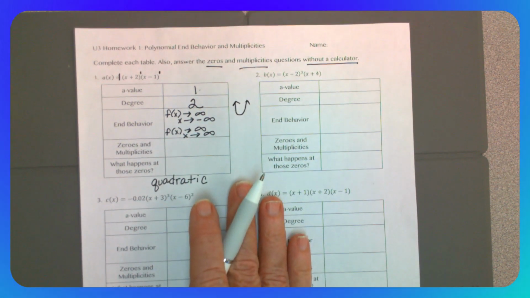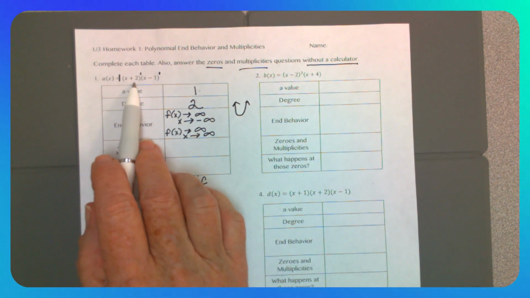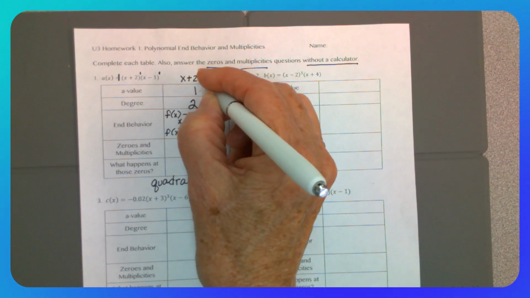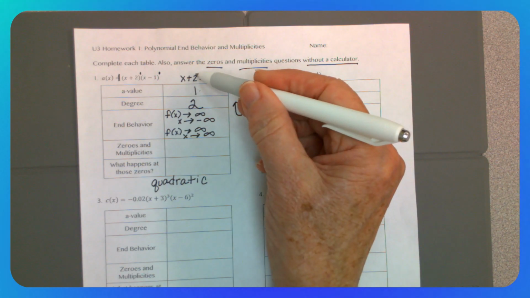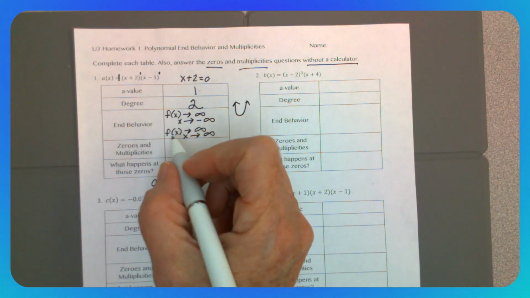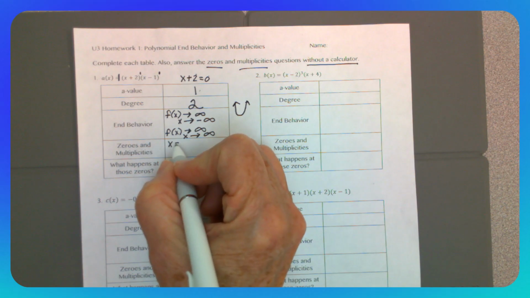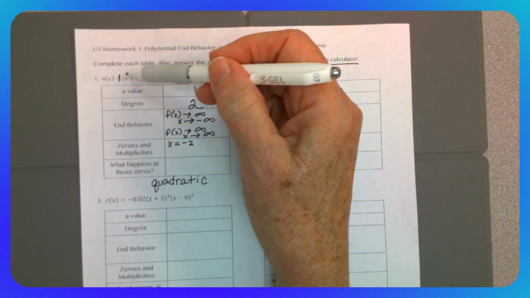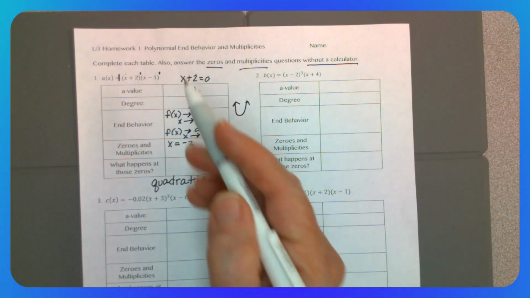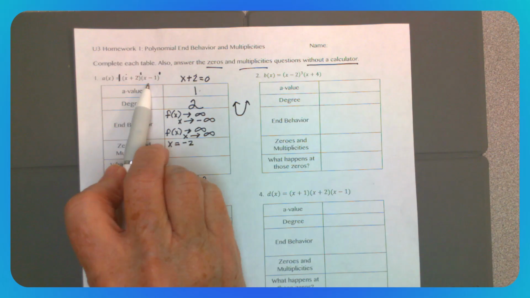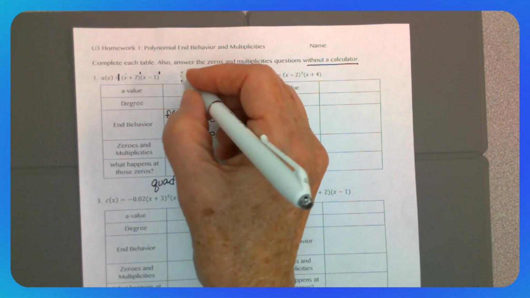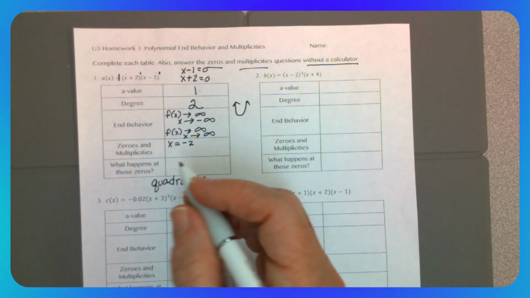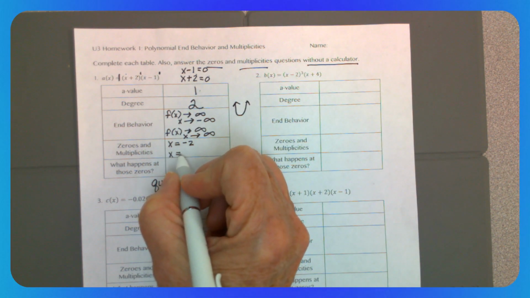All right, our zeros, without graphing, are going to be here. We set x plus 2 equal to 0. And when we solve for x, you would subtract 2 from both sides, and you would get x equal negative 2. And let's check that. Negative 2 plus 2 is 0. Now, if we set x minus 1 equal to 0 and solve for x by adding 1 to both sides, you'll get x equals 1.